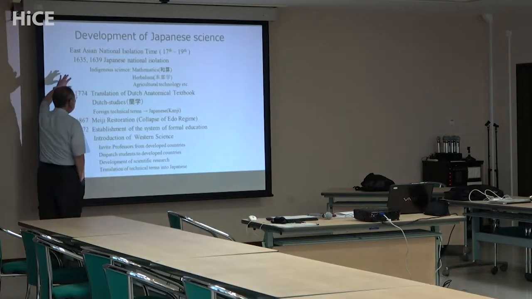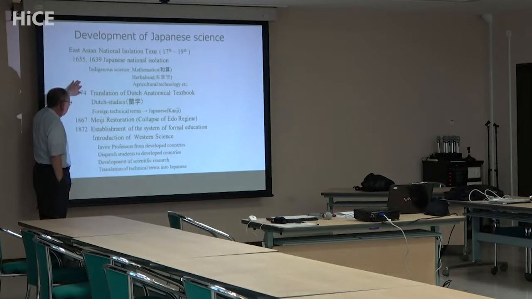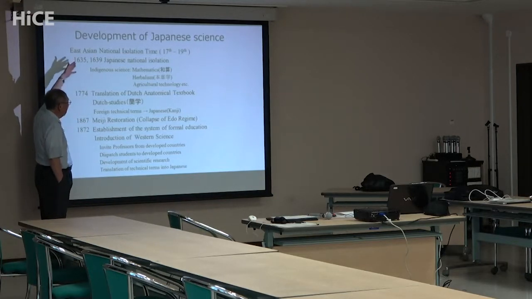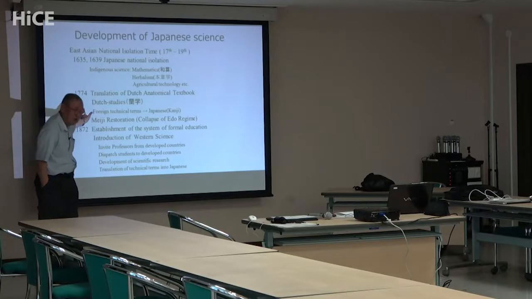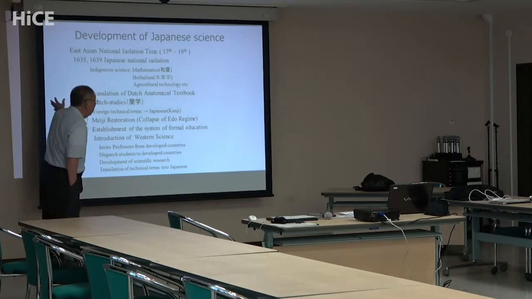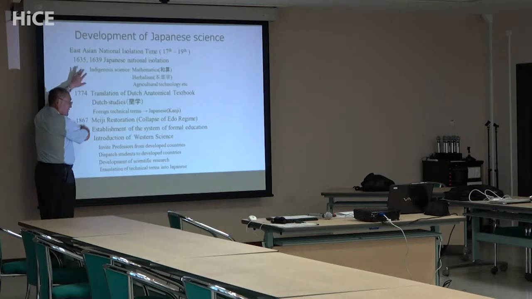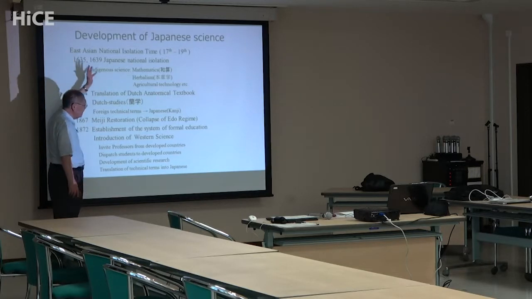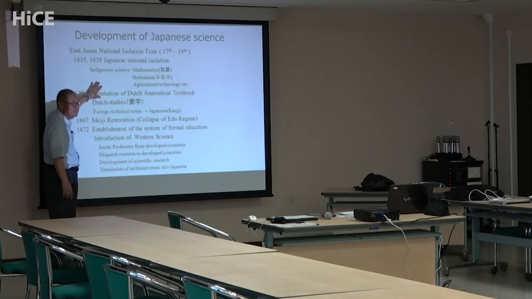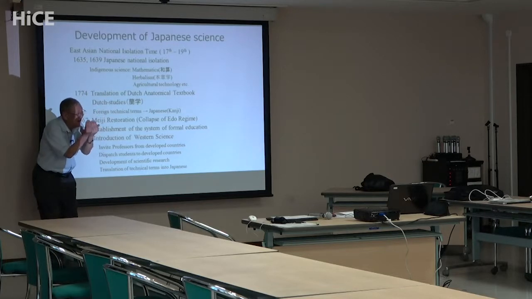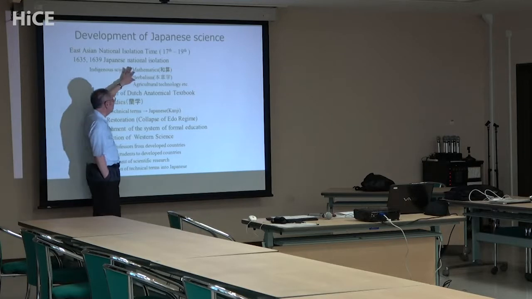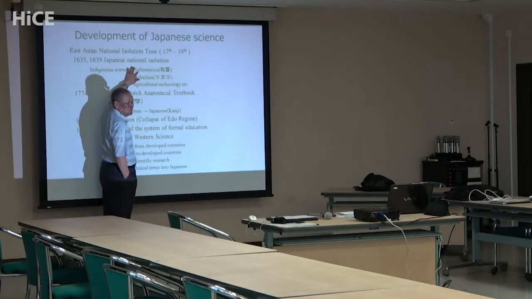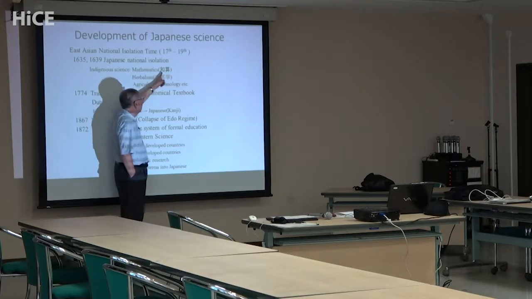But we closed the door to Western science. But at that moment, almost 400 years of history, we had developed Japanese endemic science. Okay? Close the door. And inside Japan, we developed special mathematics. We called it Wasan.